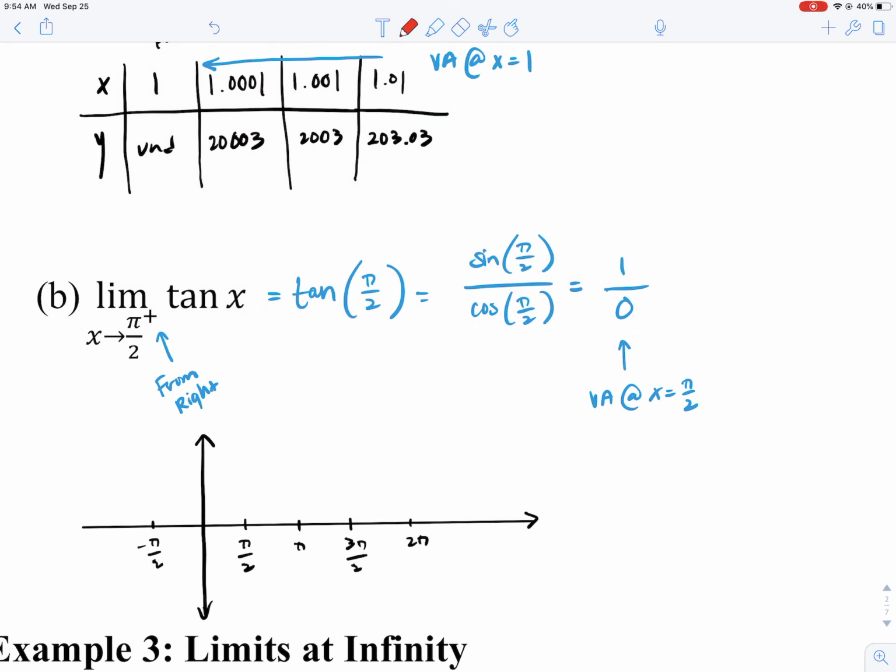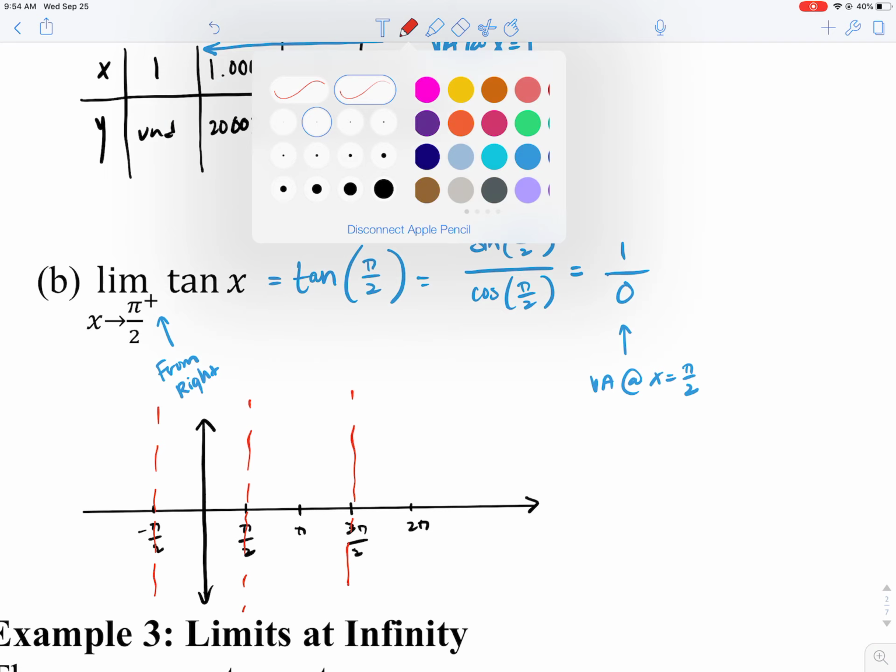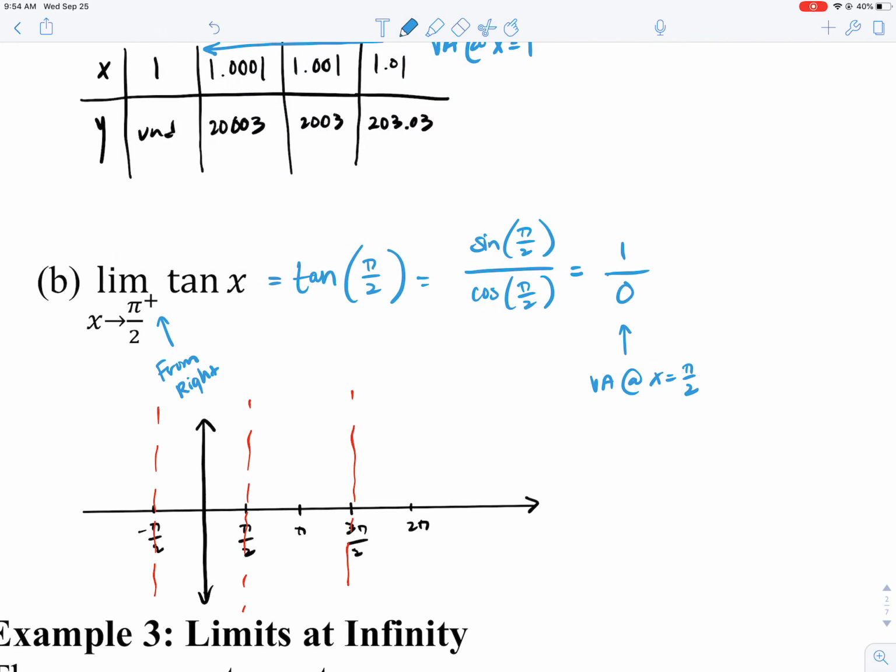Because if you remember, there's a vertical asymptote at pi over 2, but also at 3 pi over 2 and negative pi over 2. And then the graph is the S shape, where the fundamental period for tangent is pi.